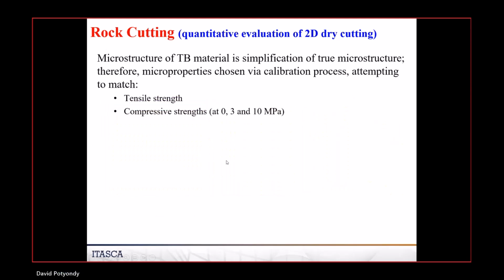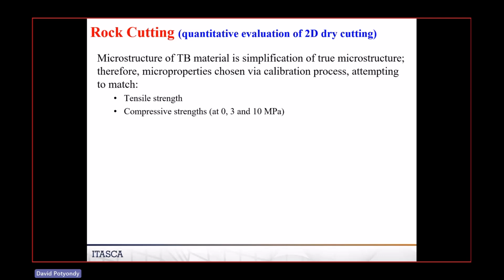So the next question is, because this is a simplification of the true microstructure, which it pretty much always is when we do this modeling, we have to do calibration, right? What's calibration? Calibration is taking a model, measuring some macro response from the reality, and then essentially adjusting the microstructural parameters to try to match that, okay?